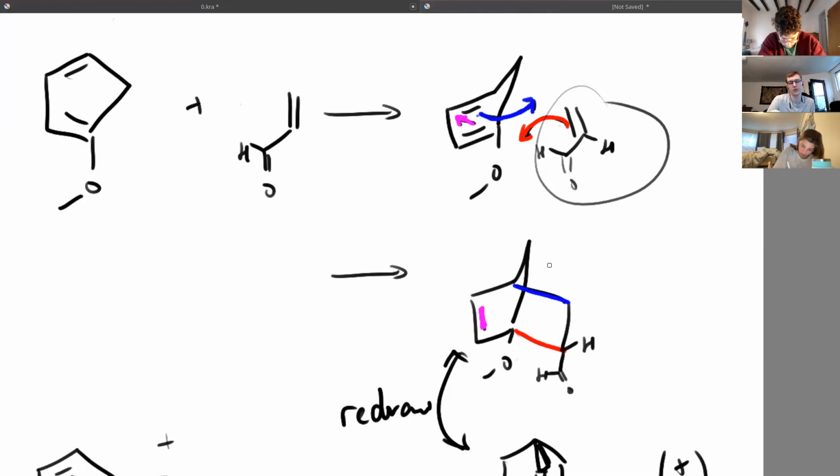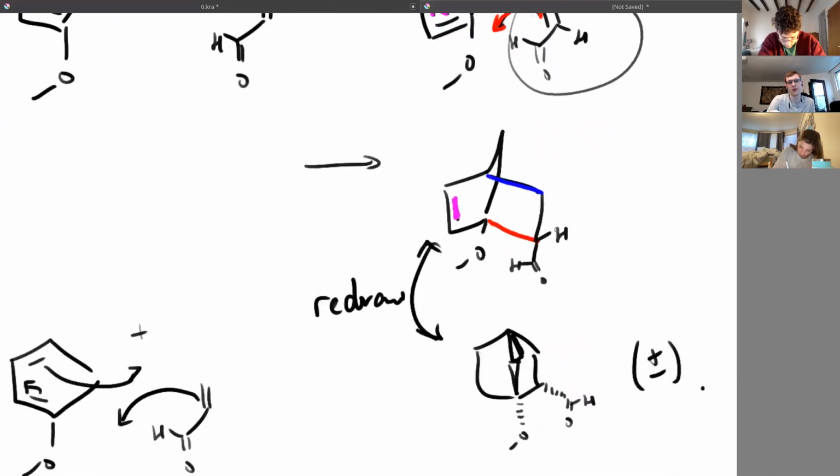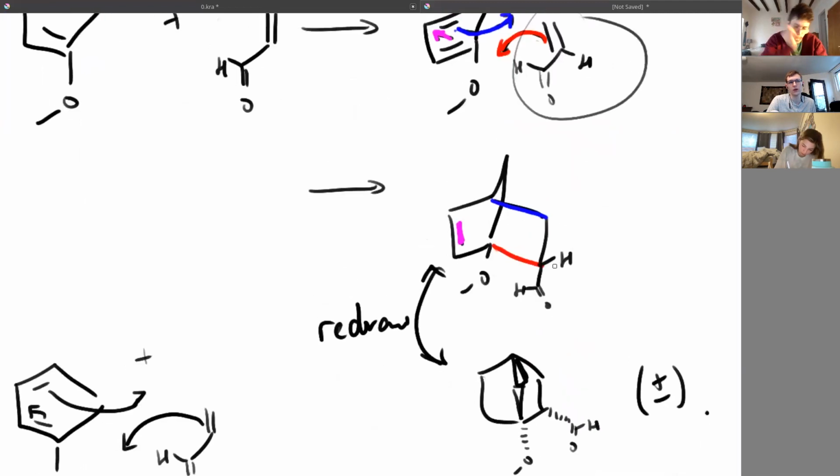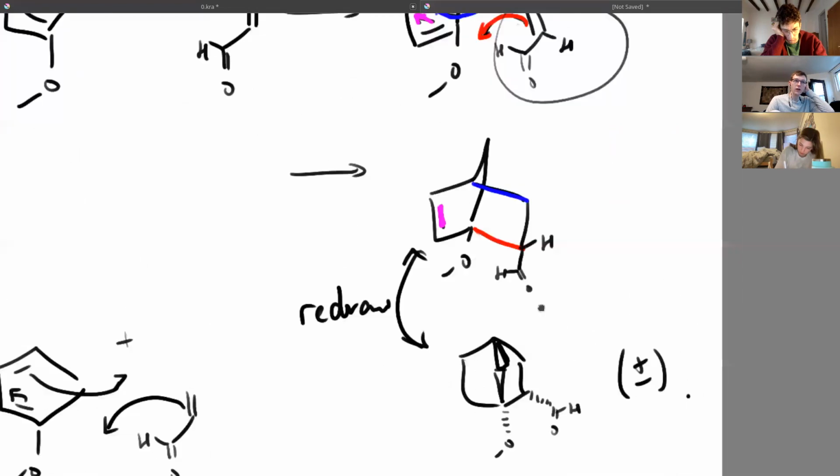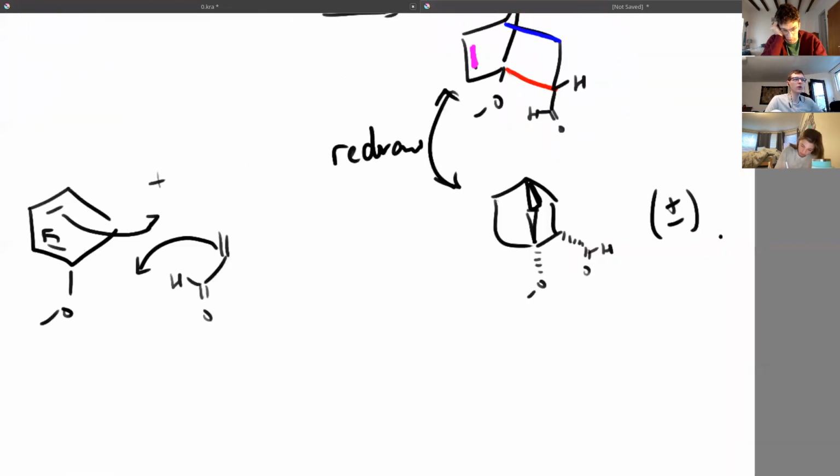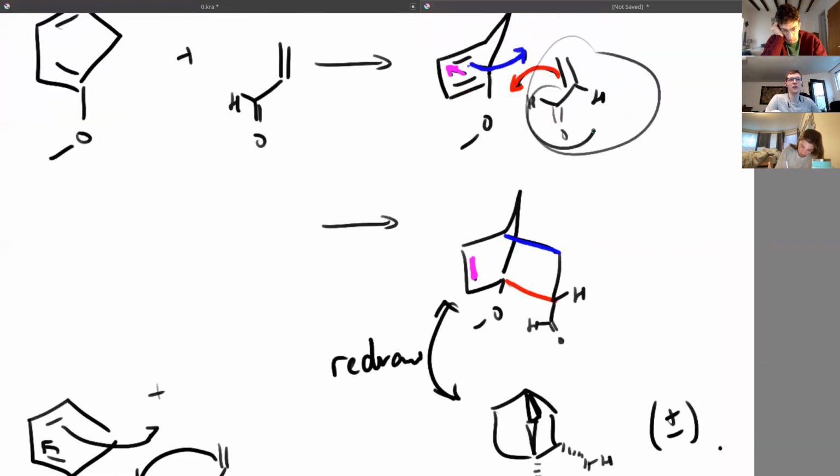Is there any way that you could possibly draw out the exo product as well? Because I'm having some trouble seeing the difference between the endo and the exo. So the exo product would be if this aldehyde was on this side.